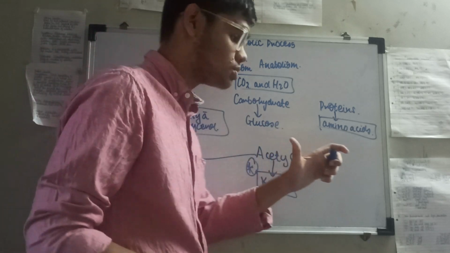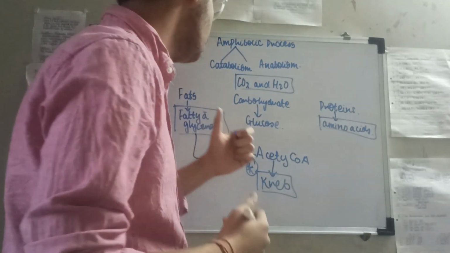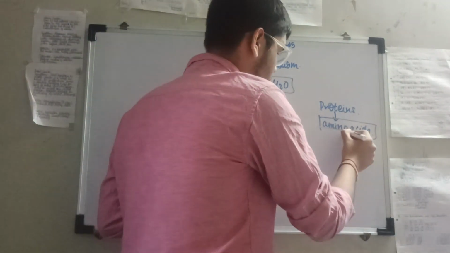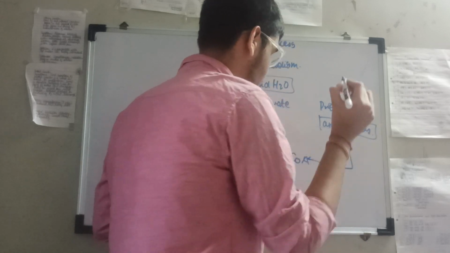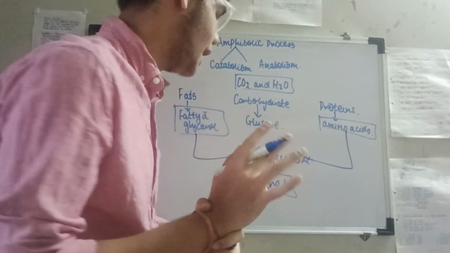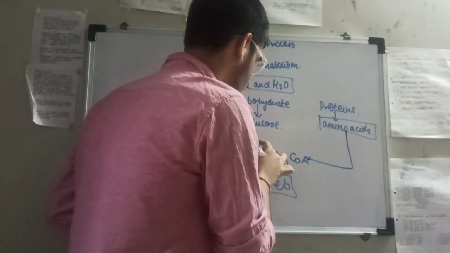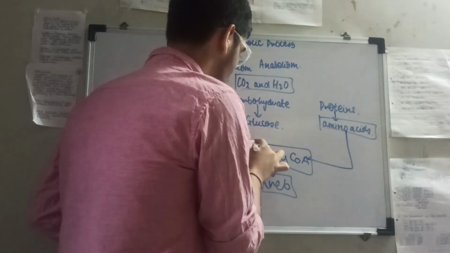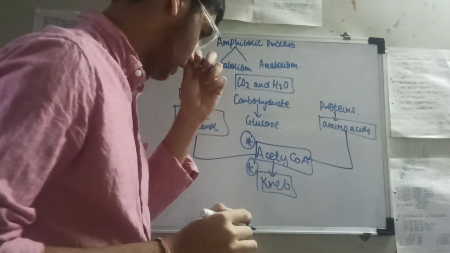And proteins also have to be broken in such a way that they form acetyl coenzyme A, because this is the main entrant in the Krebs cycle.